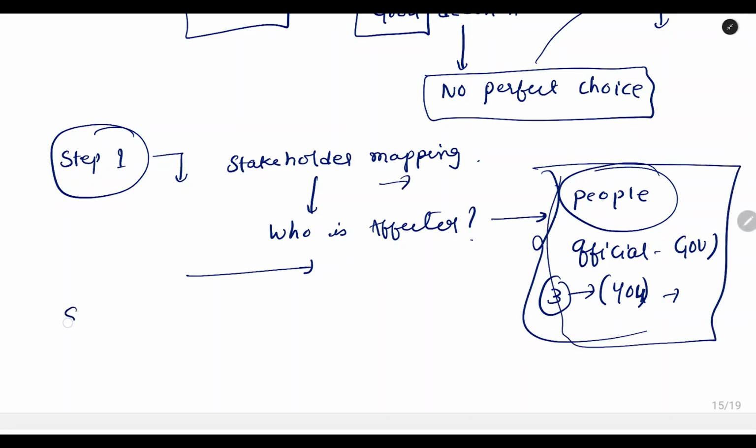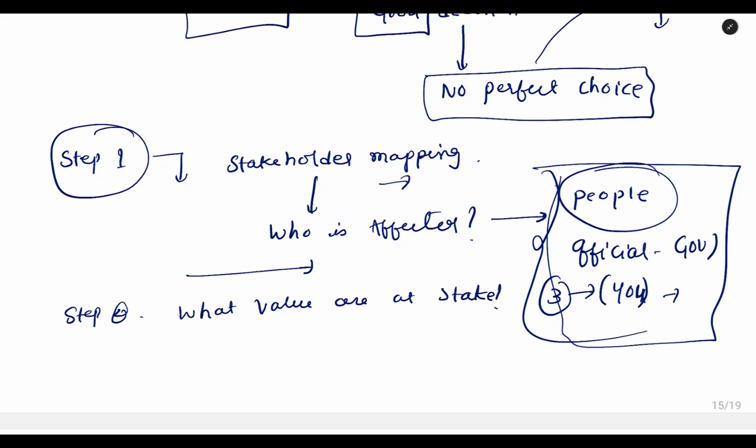Then step 2: what values are at stake? You have to clearly mention what values are at stake. Don't write a problem. Again, I am mentioning, don't write a problem. Please use simple words like honesty is at stake, integrity is at stake, and fairness is at stake. Use such language because ethical or value language is most important in paper 4.